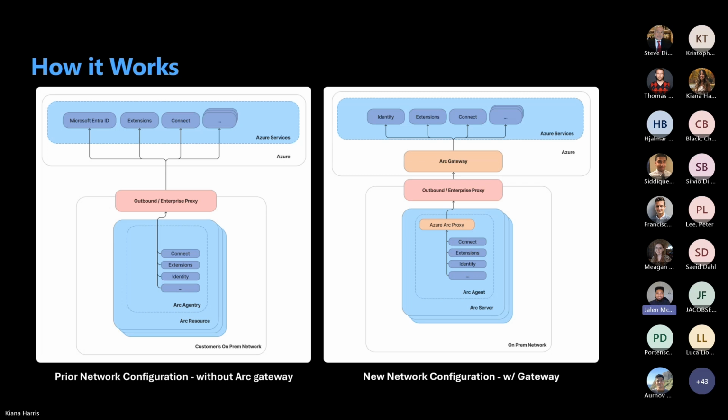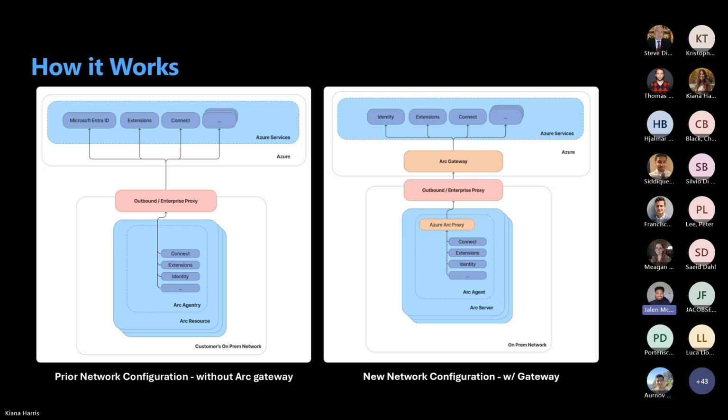And now on the right, you see the new network configuration with the Arc Gateway in place. So the 2 new components that I mentioned on the previous slide were added. First is the Arc Gateway resource in Azure. So you create that gateway resource, and then you get a URL for that Arc Gateway. It will be xyz.gw.arc.azure.com.